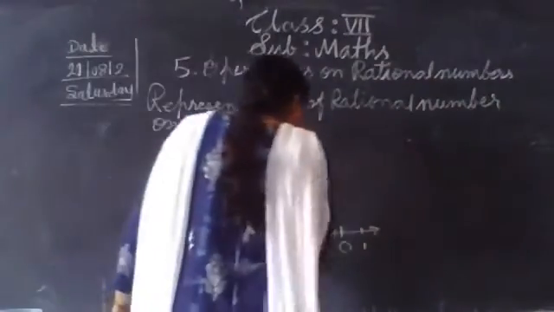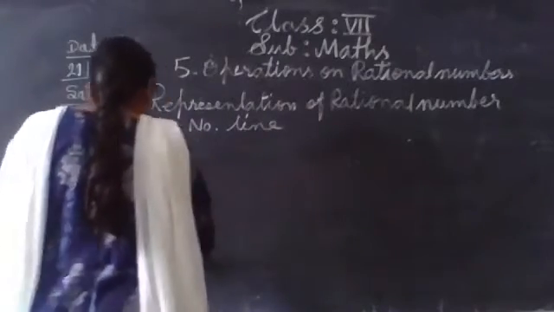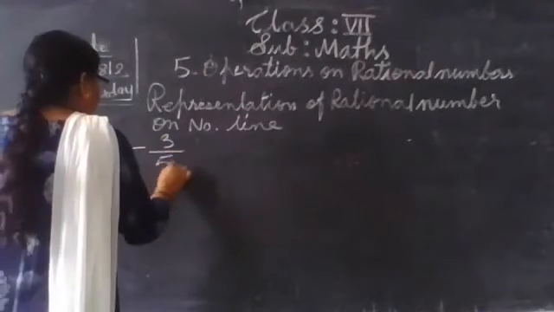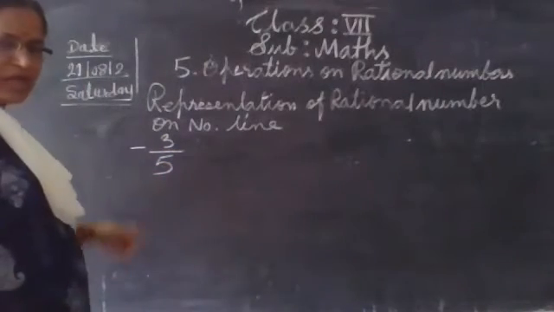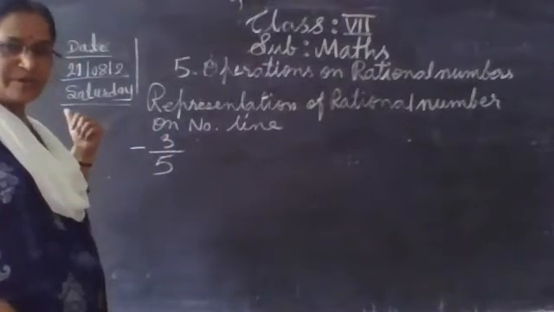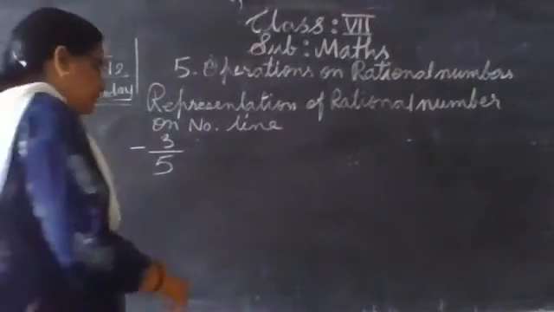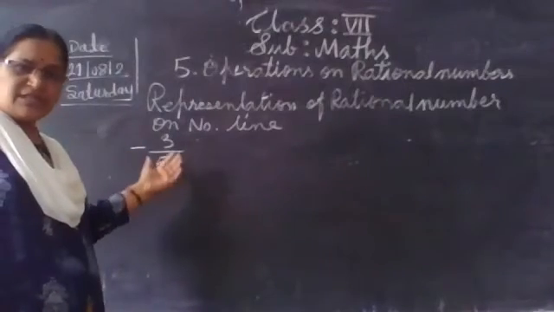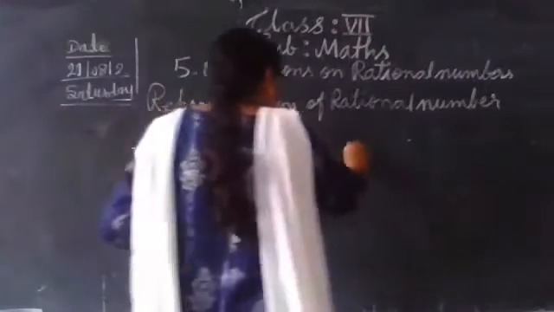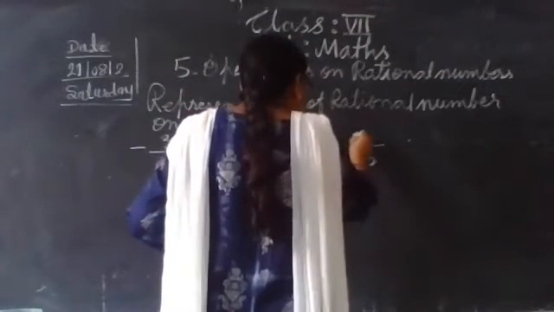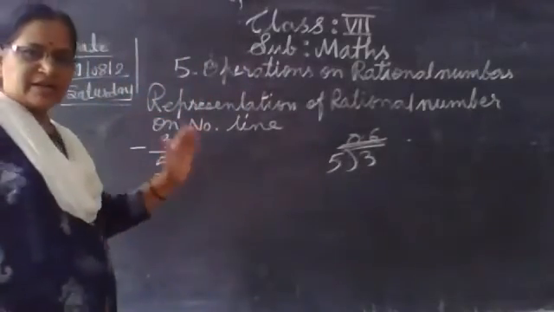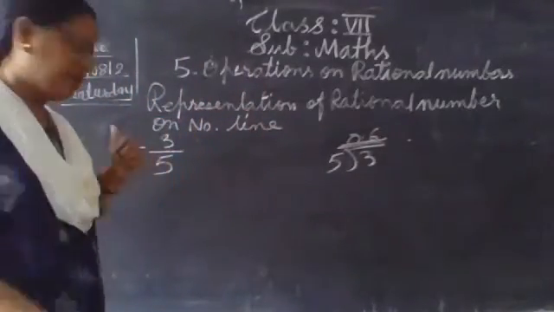Now let's see one more example. -3/5. It is a negative. Again, see what type of fraction it is. Numerator is smaller than denominator. Means it is proper. So where it would lie? Yes, proper fractions always lie between 0 to 1. So if you divide 3 by 5, you get 0.6. 0.6 means greater than 0 but less than 1.